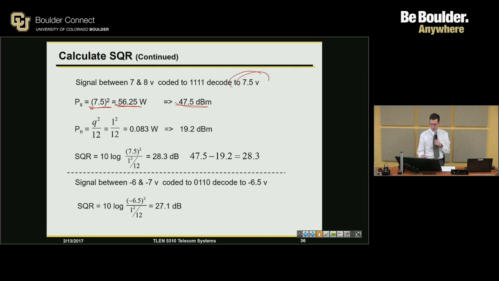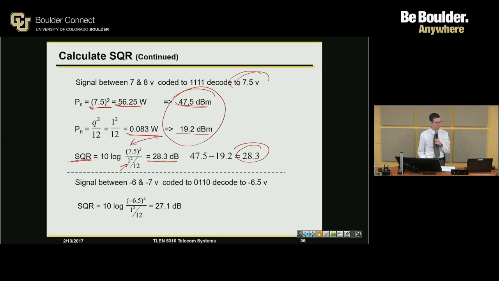So my Q squared, 1 squared is 1, so my noise power is going to be 0.083 watts, or 19.2 dBm. That means my signal to quantizing ratio is 28.3, and I can calculate that by putting the numbers into the equation, or I could simply take these two values and subtract the 19.2 from the 47.5, and I get the answer that way as well.